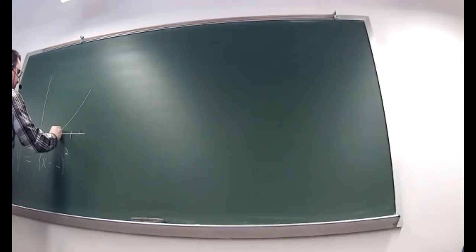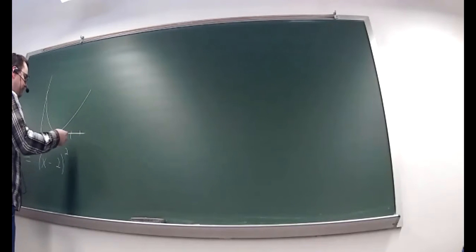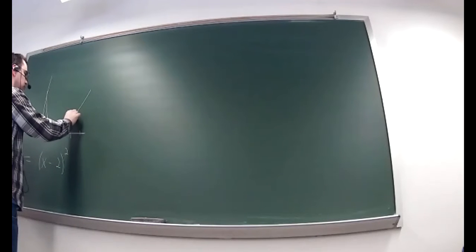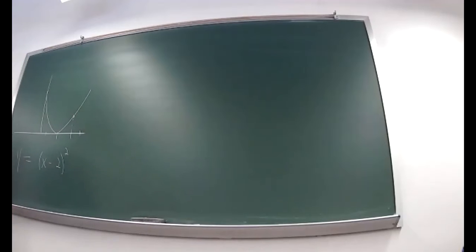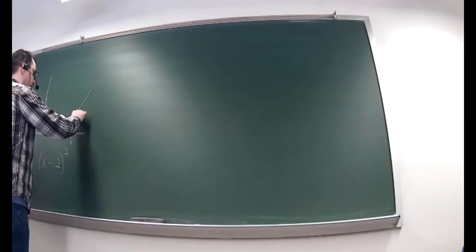I'll do this with a schematic picture, but you can keep this concrete example in mind. And we have talked about this idea of instantaneous rate of change versus average rate of change.